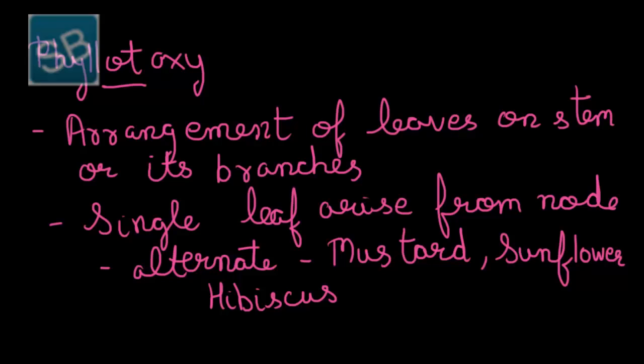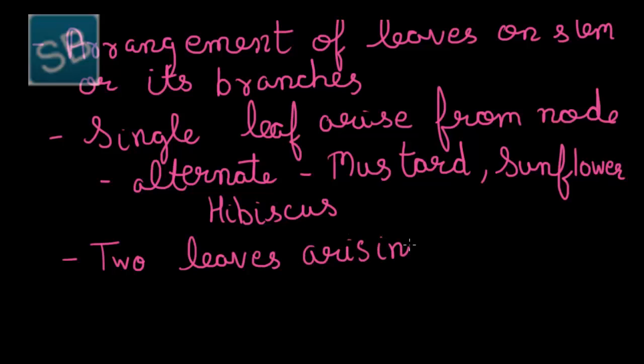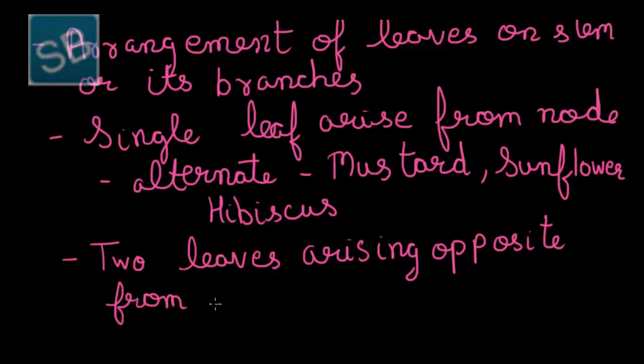However, in some plants, two leaves arise opposite to each other from a single node. Then such a kind of phyllotaxy is known as opposite.